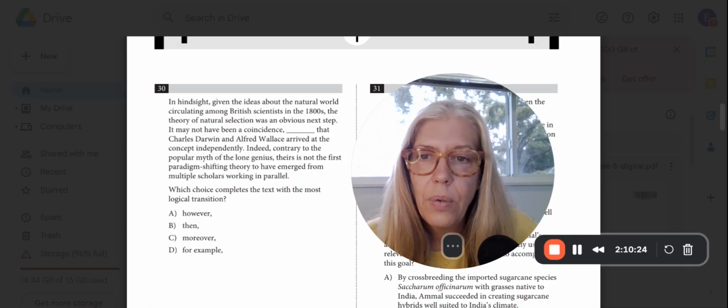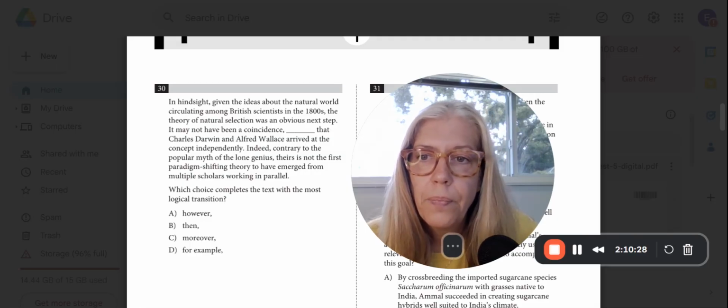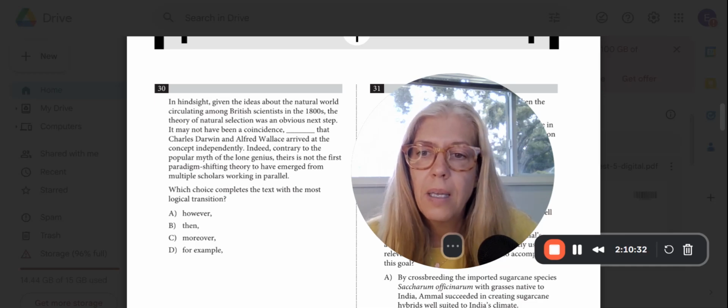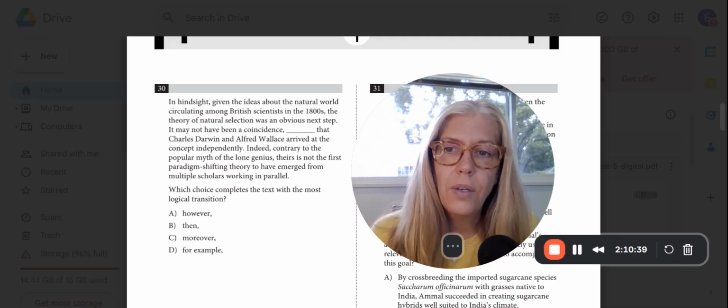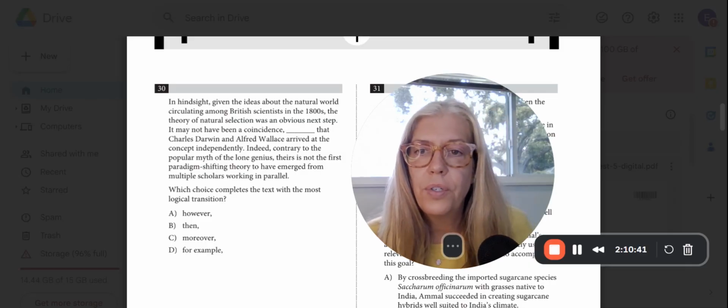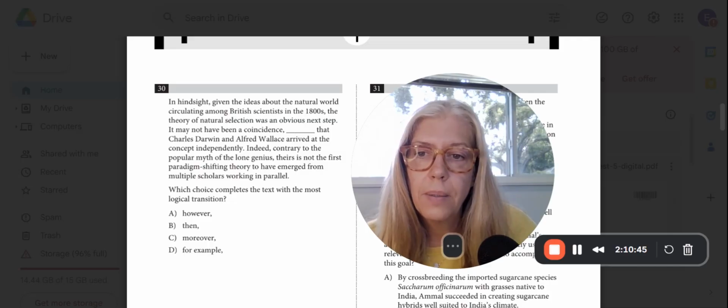For example, I don't think they're giving an example because they stated a claim. They arrived at the concept independently. Then it may not have been a coincidence then that Charles Darwin and Alfred Wallace arrived at the concept independently. Yes.